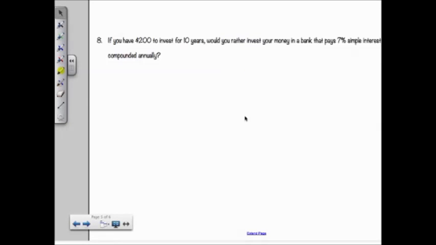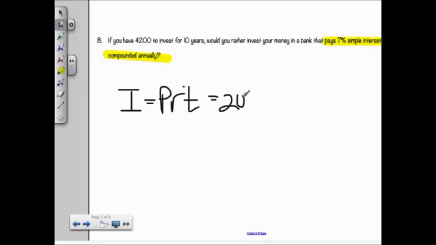Okay, number 8 asks, if you have $200 to invest for 10 years, would you rather invest your money in a bank that pays 7% simple interest or 5% compounded annually? Okay, so we're going to use both formulas. In the first formula, you know that the interest is equal to the principal multiplied by the rate multiplied by the time. So that's going to equal 200 multiplied by 0.07, and then the time is 10 years.